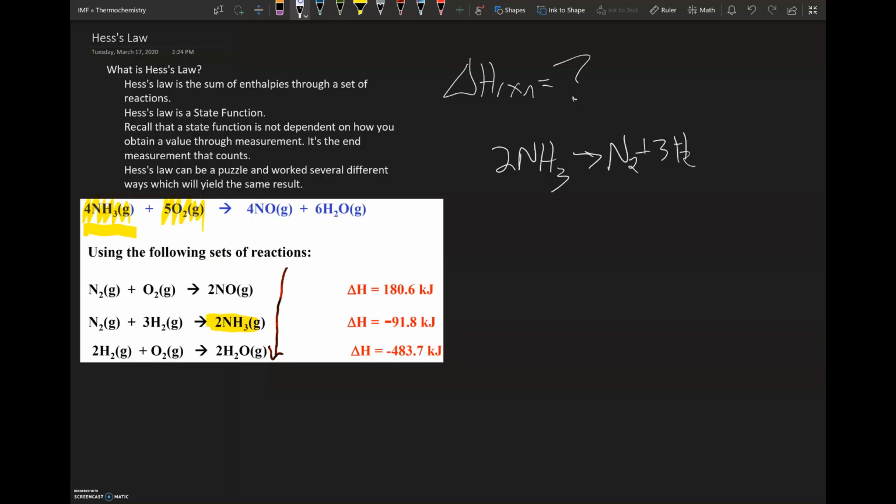Now we're going to keep track of the delta H values, and so when you flip the reactions around, you also need to pay attention to the sign. You're going to flip the sign. Since delta H is negative 91.8 and we flip it, the negative turns into a positive.